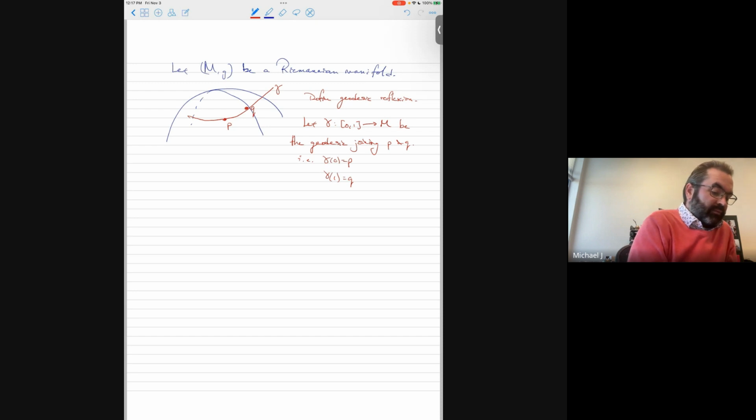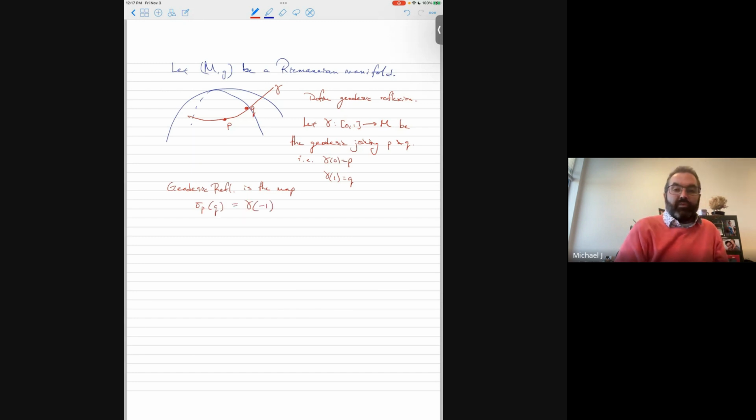Okay, so geodesic reflection is the map. It's the reflection at P, so it's going to be the map sigma_P, which eats Q and returns gamma of -1. So I'm saying instead of going out in this direction, time 1, the reflection is back here at time -1.